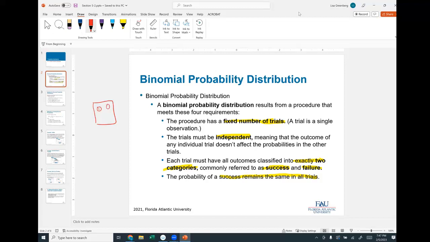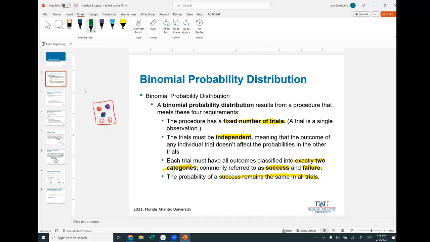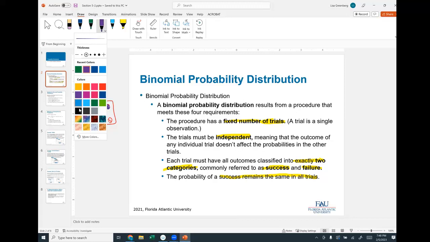Actually, let's make 1 red, 1 purple, 1 blue, 1 green, and 1 black.